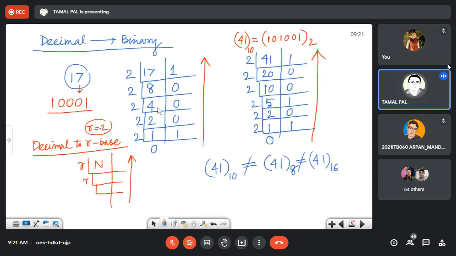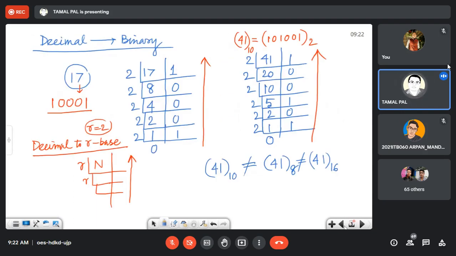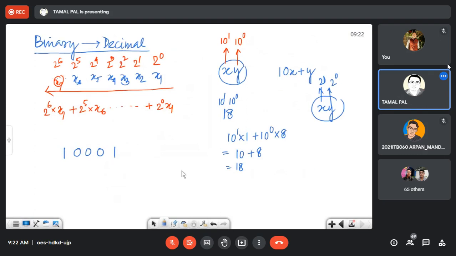Let's say 17 is nothing but 10001. So 1, 0, 0, 0, 1. Now, 2 to the power 0, 2 to the power 1, 2 to the power 2, 2 to the power 3, 2 to the power 4.